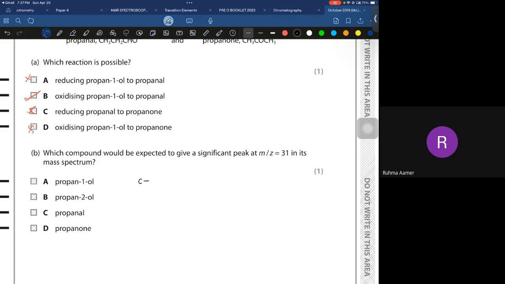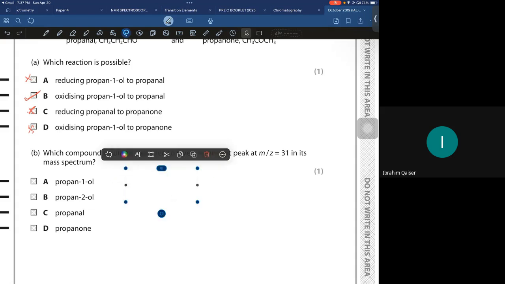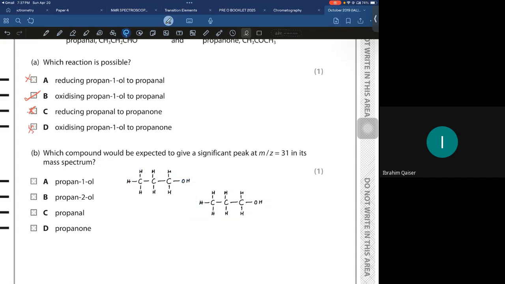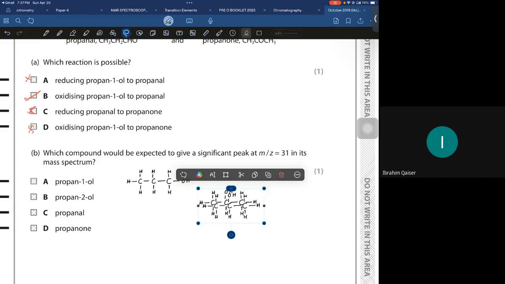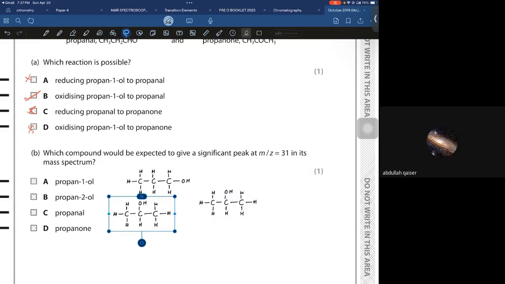Let's try option A. It's propan-1-ol. We have to split it, and then we calculate the Mrs. Propan-2-ol is this. So we split it.